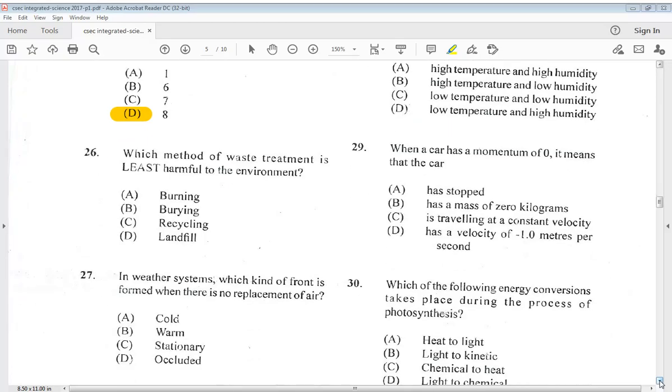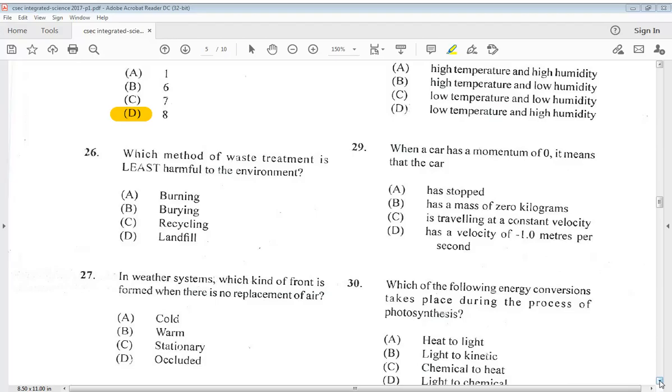Let's go to 26. Which method of waste treatment is least harmful to the environment? A. Burning, B. Burying, C. Recycling, D. Landfill. So this is very important to take note of certain key terms in this question.